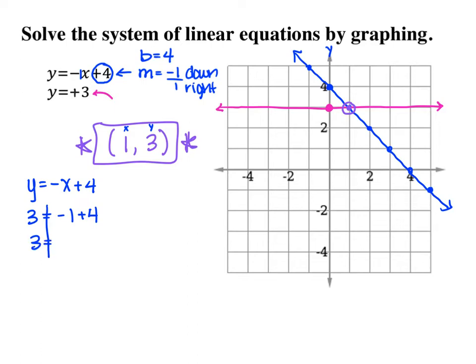Well, 4 minus 1 is 3. So that was true. We want to do the same thing in that second equation, y equals 3. If I put in 3 for y, that gives me 3 equals 3, which is true. So the point 1, 3 makes both equations true. Now I'm really sure that that was the right solution.